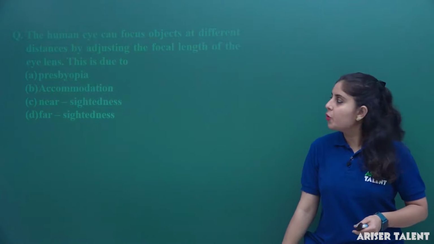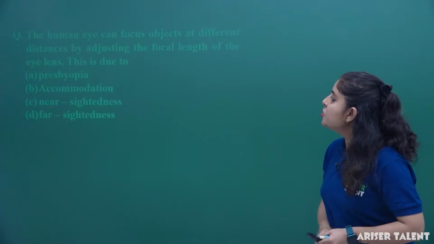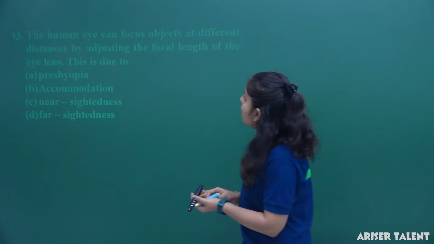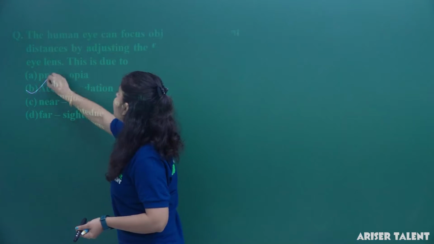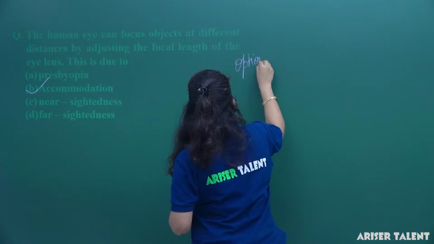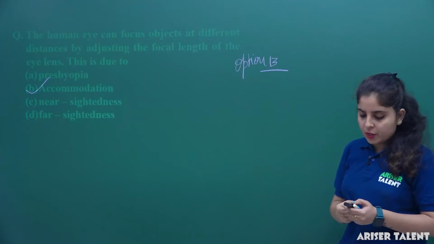The options here are presbyopia, accommodation, nearsightedness, or farsightedness. The correct option is accommodation, so option B is correct. This is the accommodation of the human eye.